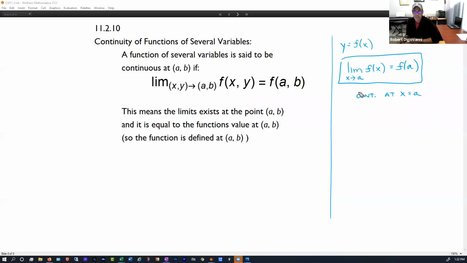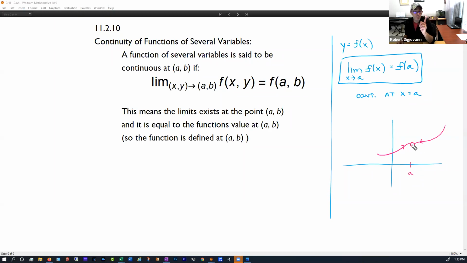It just meant that as you approach a point, you're actually headed to the same value of the function. I'll give you a graphical illustration of this. So let's say we're going to some point a. To say that a function is continuous at a means that when you take the limit of the function as you approach a, that means the limit from the left and from the right, you're headed to the same place. Okay, so from the left side and from the right side of a, your function is headed to the same value.